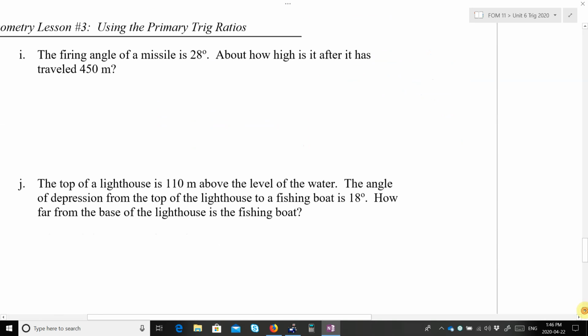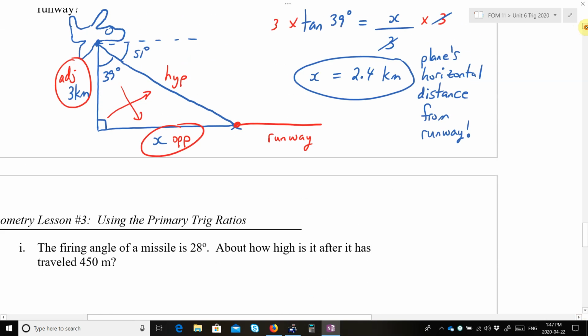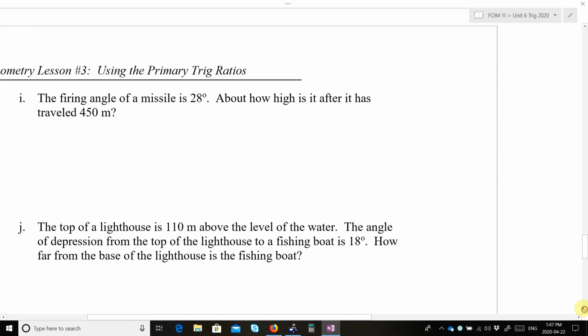All right, 2 more. Just want to double check that. Yeah, 2.4. Okay, letter I.